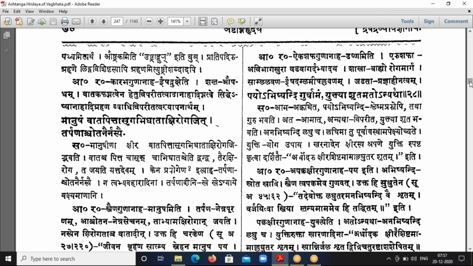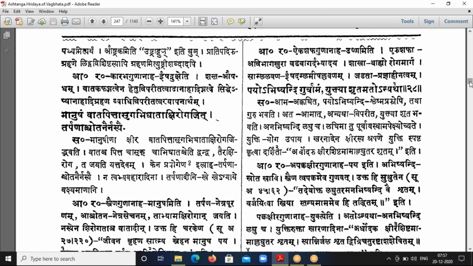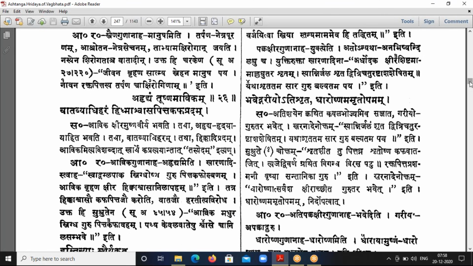That sort of customization could be good as far as the safe use of the milk is concerned. Then the next line is Bhaved Gariyodi Shrutam. So Yuktya Shrutam becomes Laghu, but Adishrutam will become Gariyaha, that means Gurutaram, it becomes more guru.